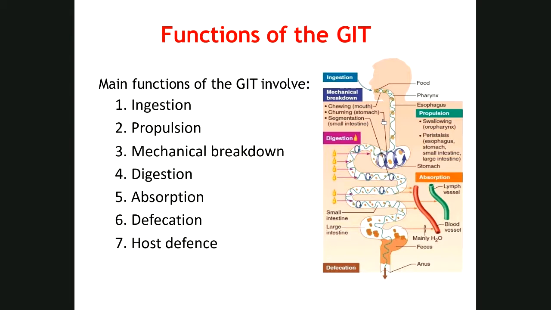In addition to these two, we have lymphatic tissues present in the upper parts of the digestive system, for example, the pharyngeal region. We have the pharyngeal tonsil, the adenoid. We have the lingual tonsil.